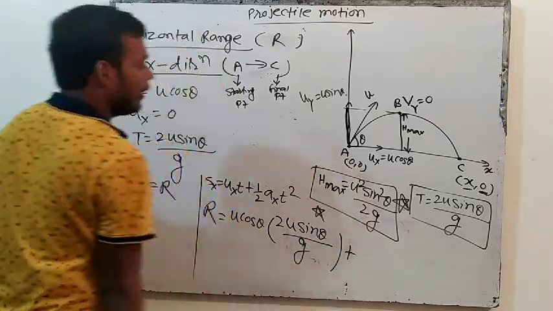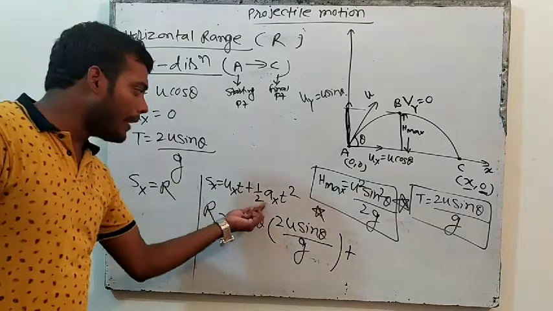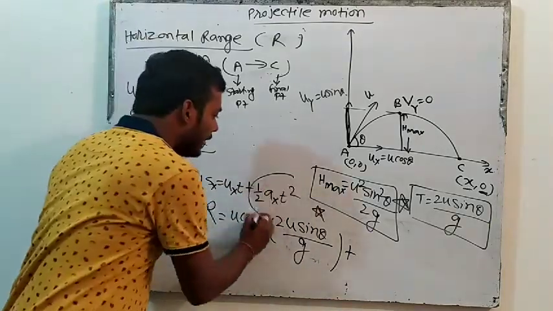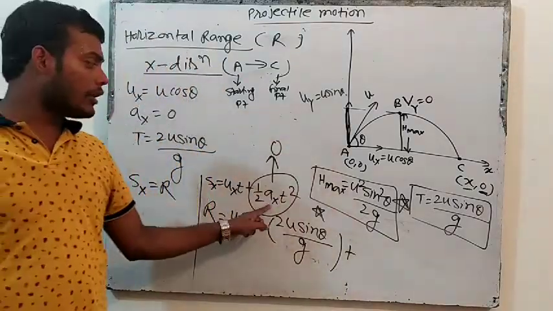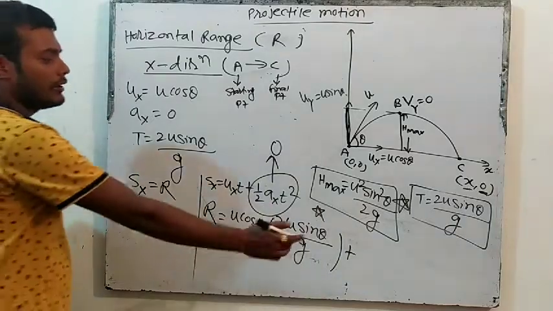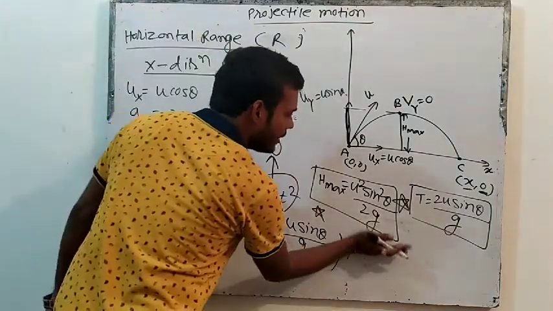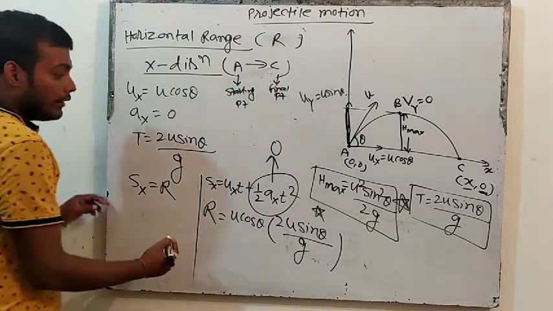Plus half a_x, how much is a_x? 0. 0 multiplied by anything will be 0, so this complete term will become 0, because acceleration in x is 0. So plus 0 does not make any sense, and you can delete it.